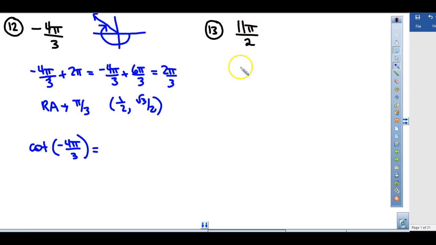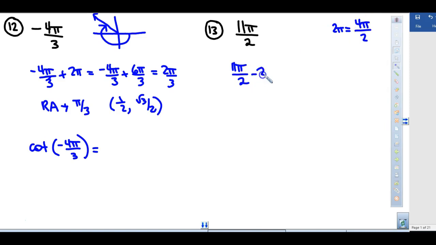Okay, so for 11 pi over 2, if you're not sure if that's bigger or smaller than 2 pi, then remember that 2 pi with a denominator of 2 would be 4 pi over 2. So 11 pi is a whole lot bigger than 4 pi.